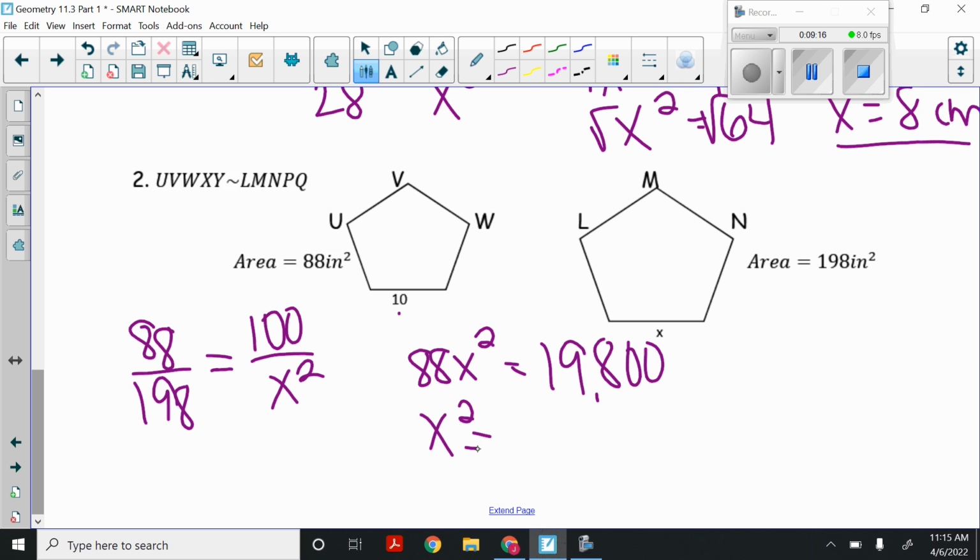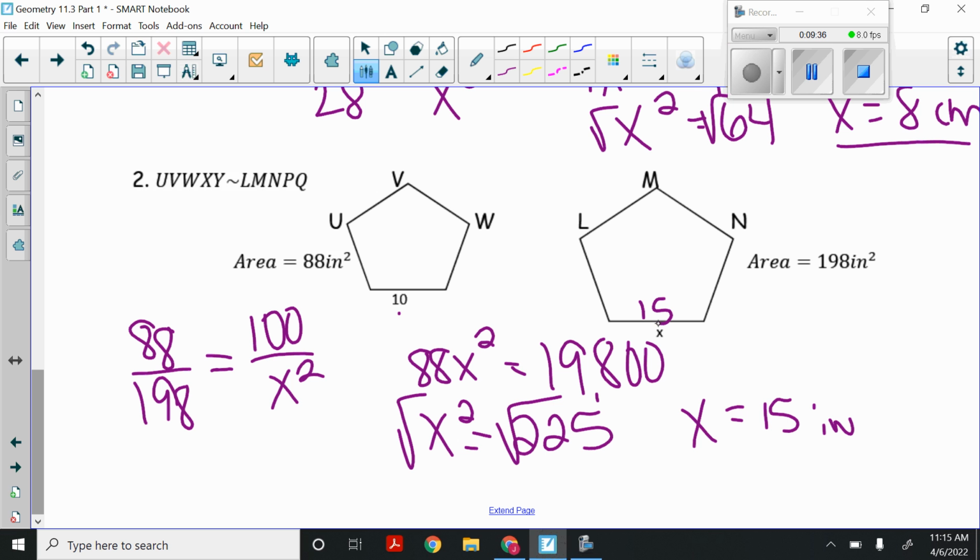Divide everything by 88. I get x squared is equal to 225. Take the square root. I get x is equal to 15, and again, inches. So I know that this side right here is 15 inches.